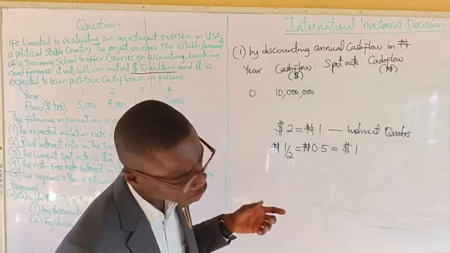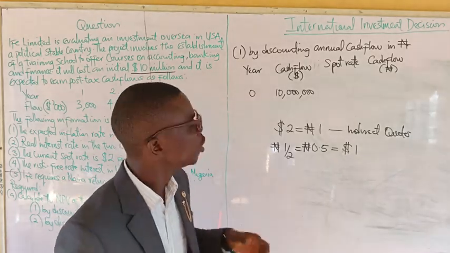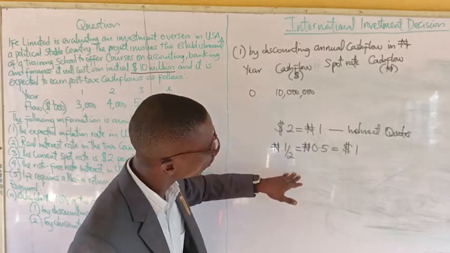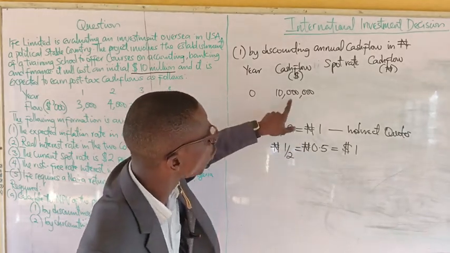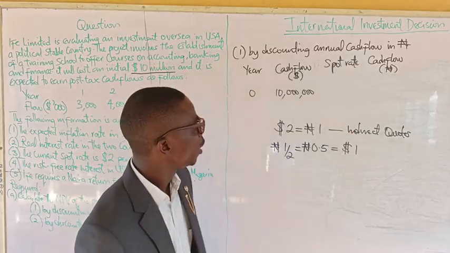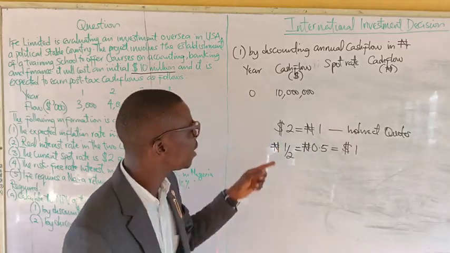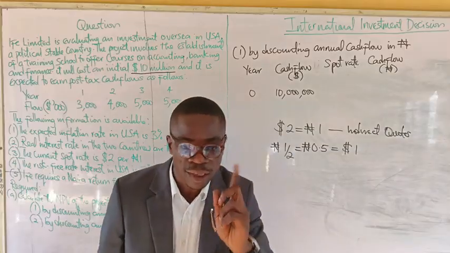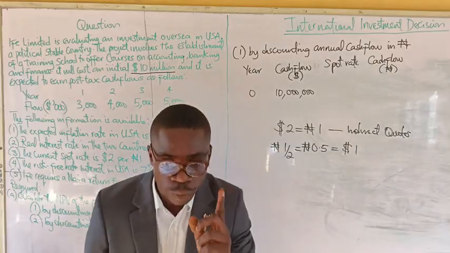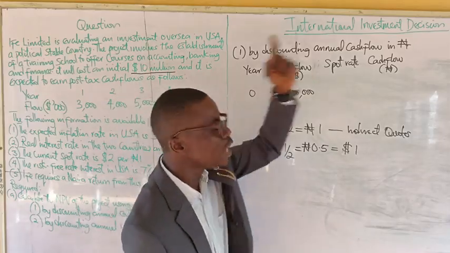Are you getting what I'm saying now? Because this is in dollars, you want to convert it to naira. You can't multiply by 2. And you see the exchange rate, they said $2 is equivalent to 1 naira. That means you are not converting dollar to naira.